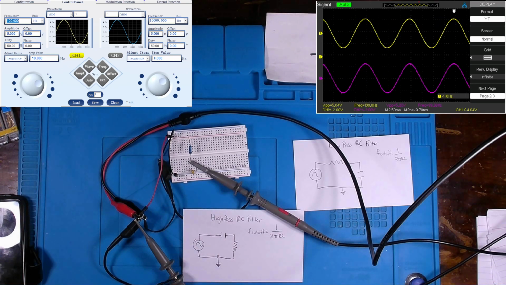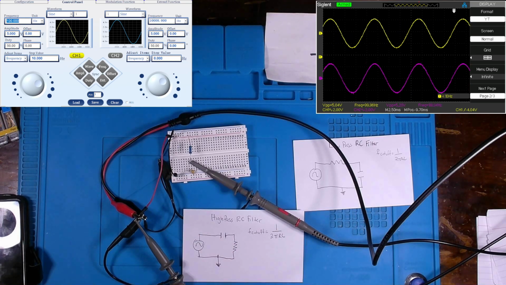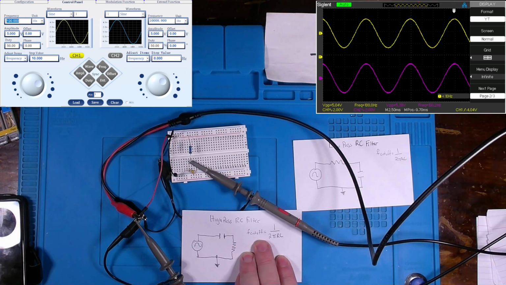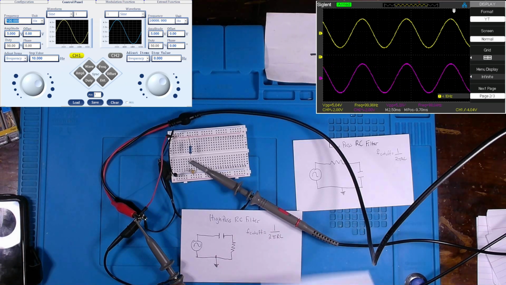But again, moving on to high pass filter, I'm still going to keep something nominal, and our formula is no different. Our frequency cutoff is still going to equal 1 over 2 pi RC.